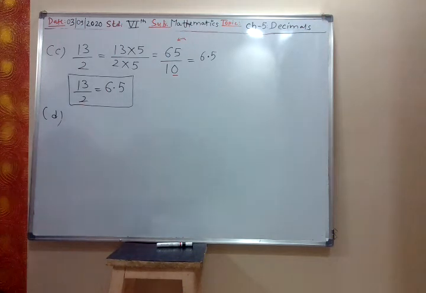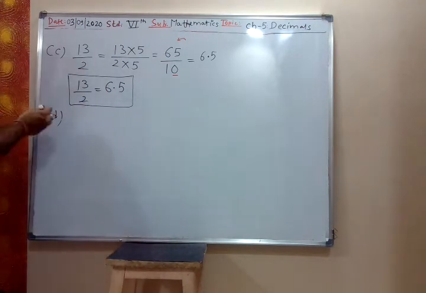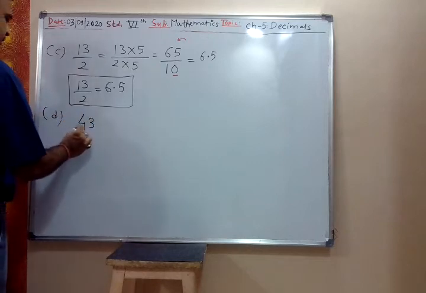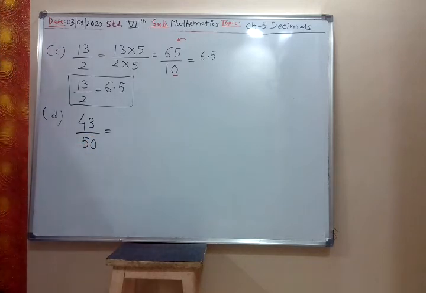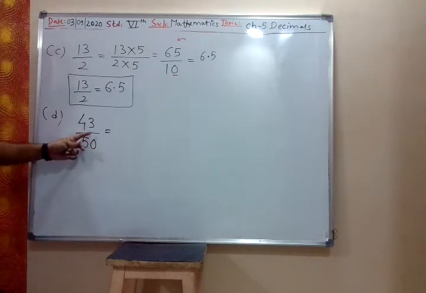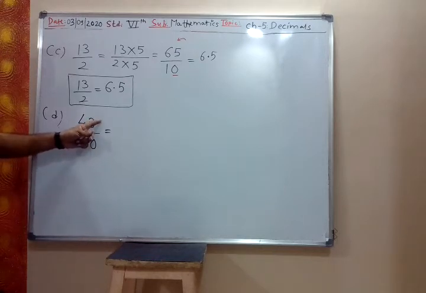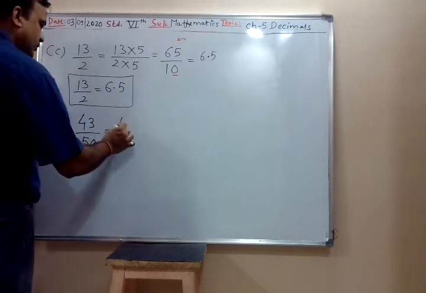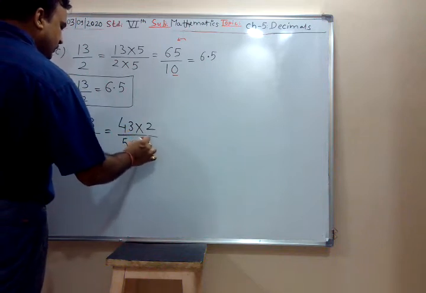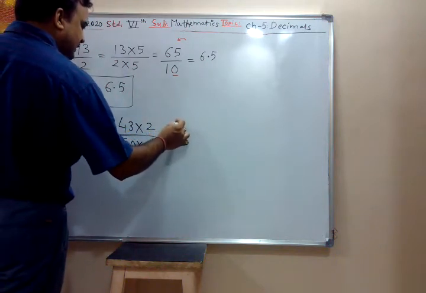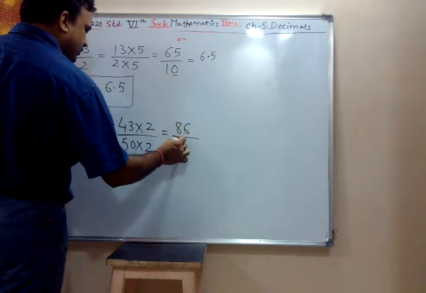We have to convert the denominator into 10, 100, or 1000. Now this is 50. To convert this 50 into 100, I will multiply by 2. So multiply by 2 in the denominator and by 2 in the numerator. So 43 into 2 upon 50 into 2. 43 into 2 is 86, upon 50 into 2 is 100.